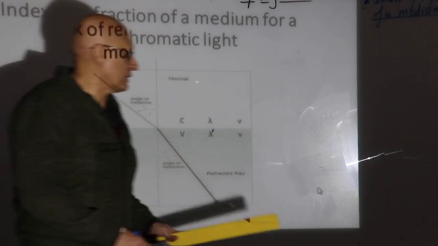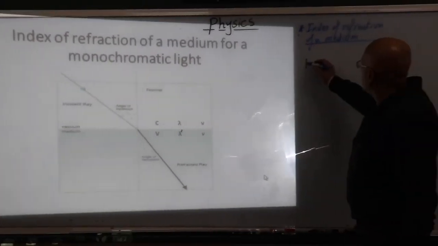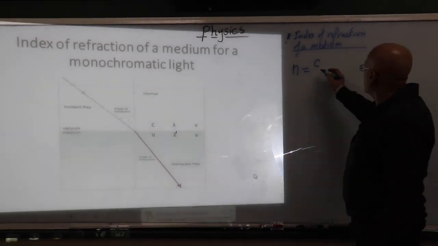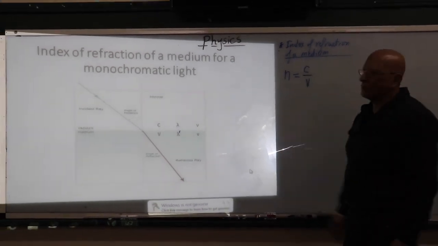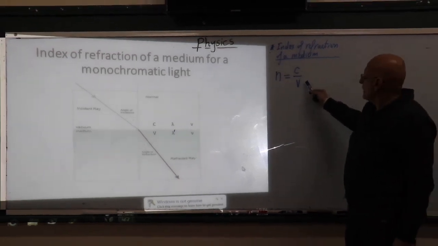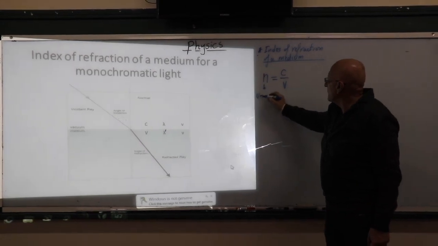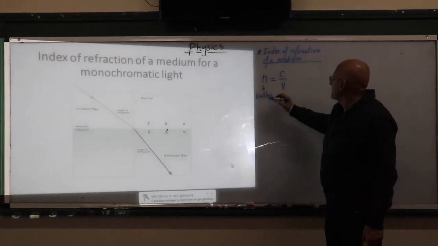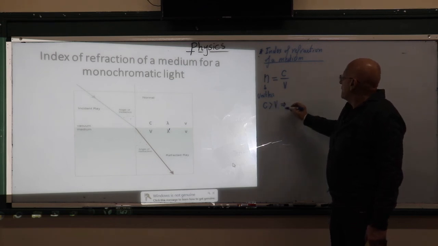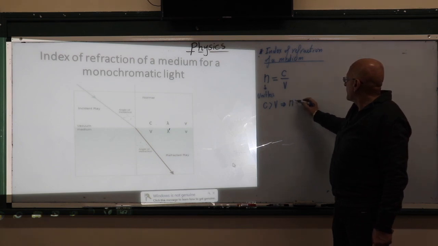Okay, by definition, the index of refraction of a medium is equal to the speed of light in vacuum over the speed of light in the medium. Since c is in meter per second and v is in meter per second, you get a unitless quantity. Now, c is greater than v. A large number over a smaller number gives a result greater than 1.